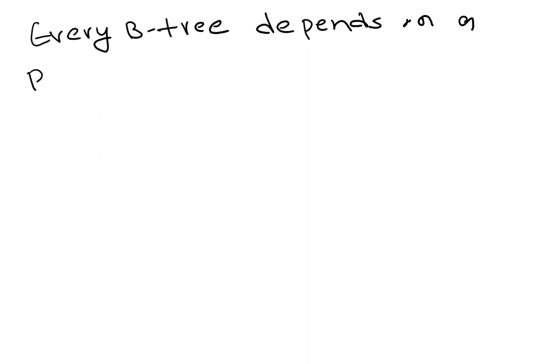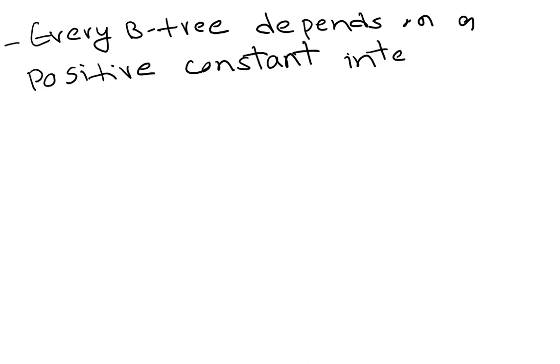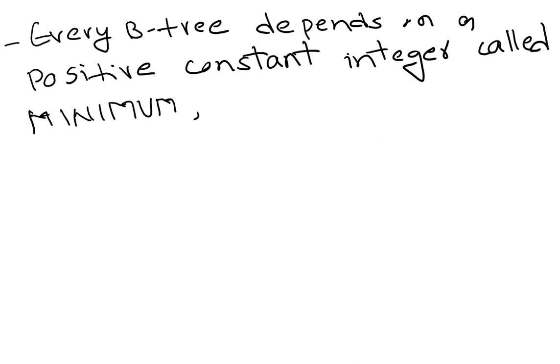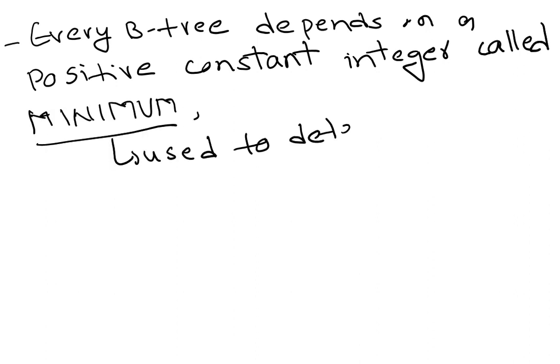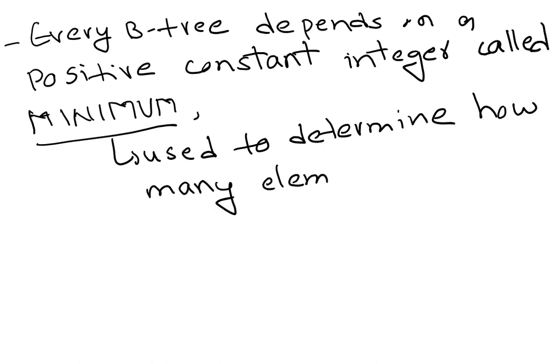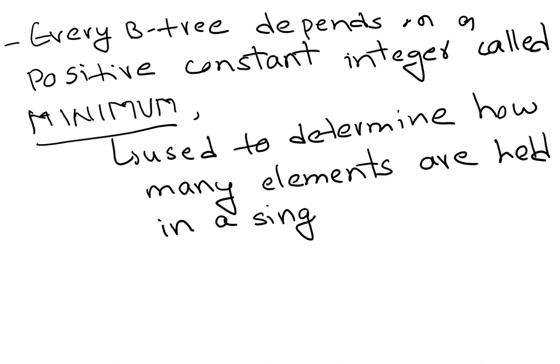A positive constant integer called minimum is used to count the elements held in a single node. So we have a minimum. If the minimum is two, a single node can have only two children. If five, it can have five children.